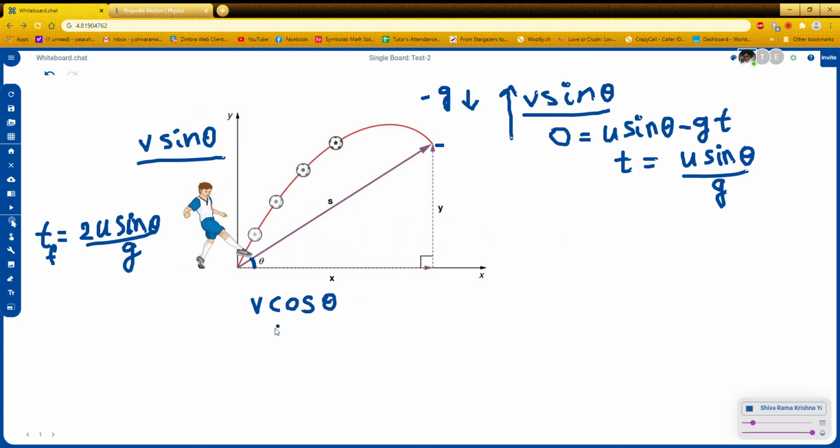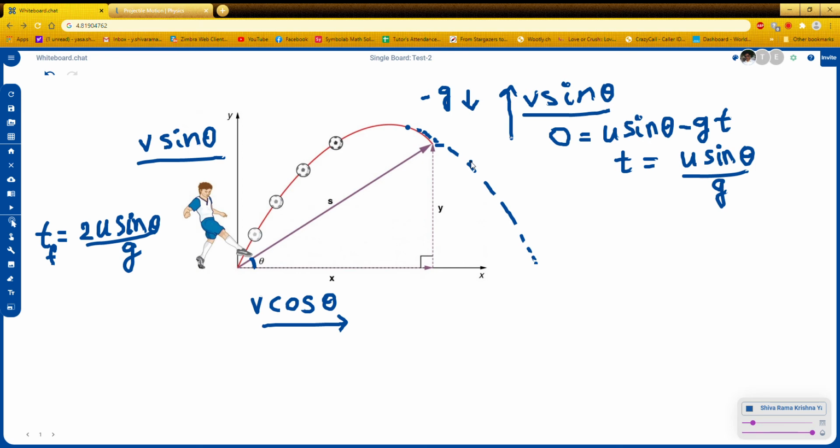We see it is moving with a velocity of v cos theta, and it moves till it hits the ground. And one more important thing to remember is that we are ignoring all air friction here and any other things that cause the loss of energy.